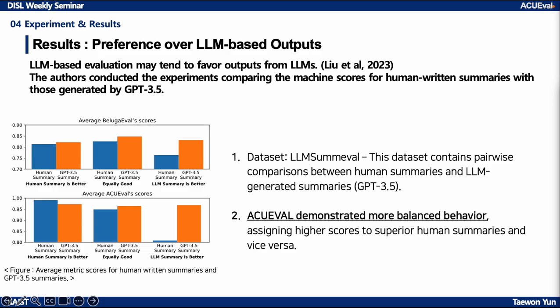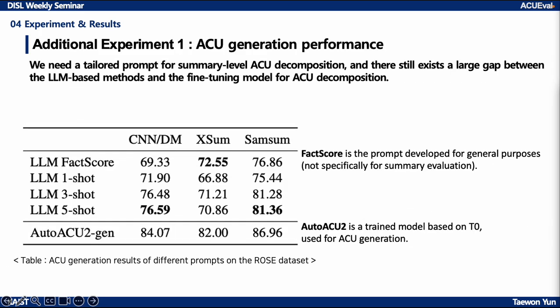It breaks down sentences into smaller units, and by doing so, it removes most external factors like writing style or summary length. So it can provide a much more unbiased evaluation. Additionally, the authors conducted an evaluation study on each evaluation step.